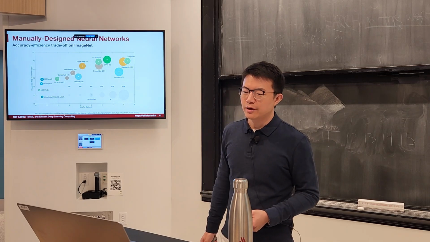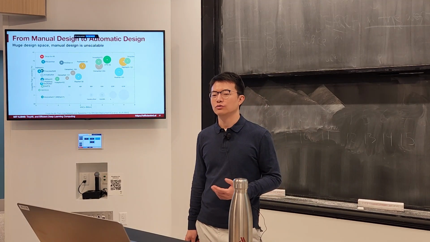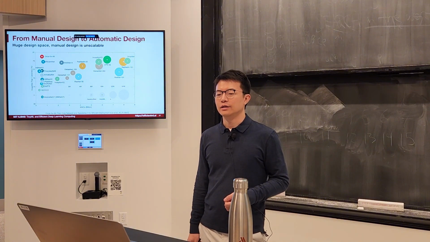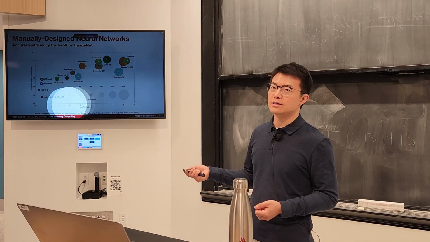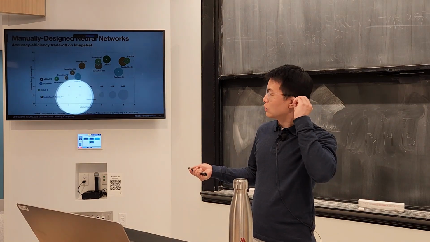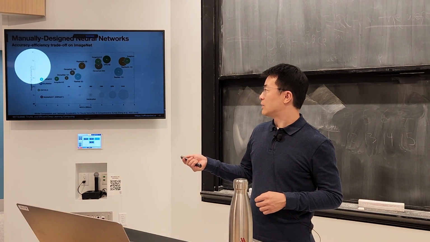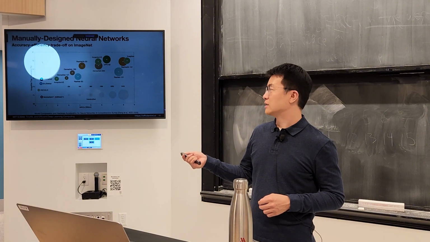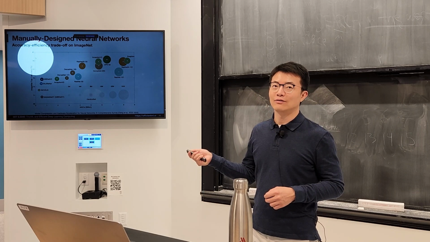So this is comparing the manual design versus automated design. In the design space, this is the number of MACs on the x-axis. We want low MACs so that we can make it faster, but we want a high accuracy. So ideally, we want a model that is right here in the top left corner.